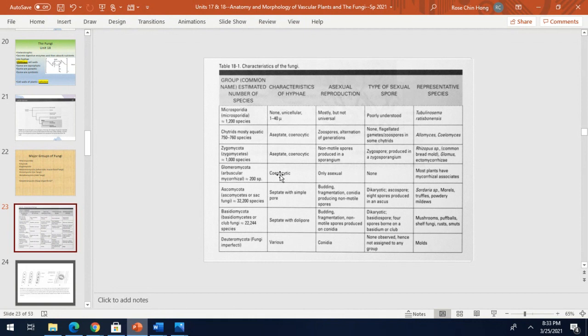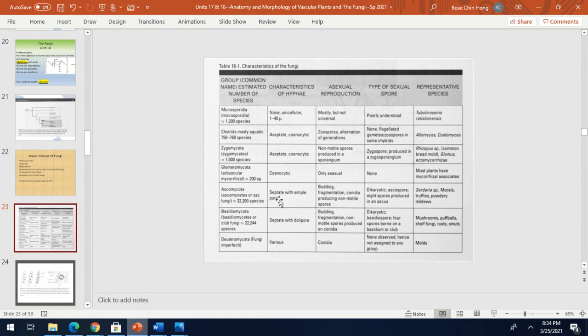Hyphae is the plural of hypha. So they will not have any septation to separate the nuclei in the hyphae. However, the ascomycota and the basidiomycota do have septation. So they are septated with different types of pore.